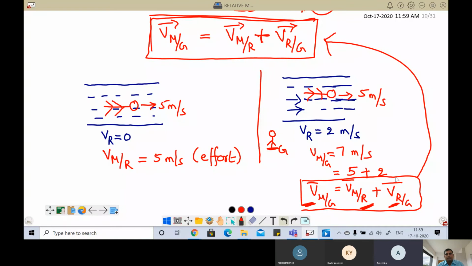Correct. And remember also that velocity of man with respect to river is called his own effort. And velocity of river with respect to ground is reverse effort. Please remember.